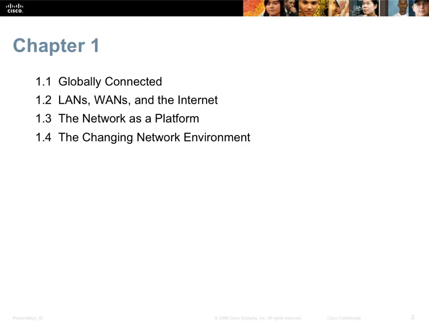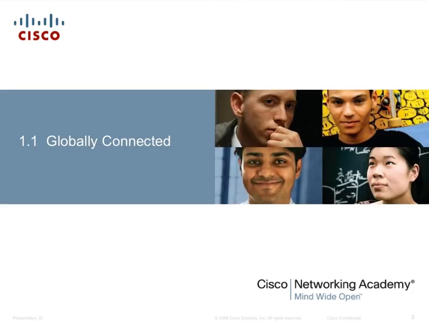What are the different components of the network in terms of LANs and WANs, and what is the difference between them? How is the network designed in terms of platform, components, devices and so on? And how does this design change the environment around us, and how does it change our lives?